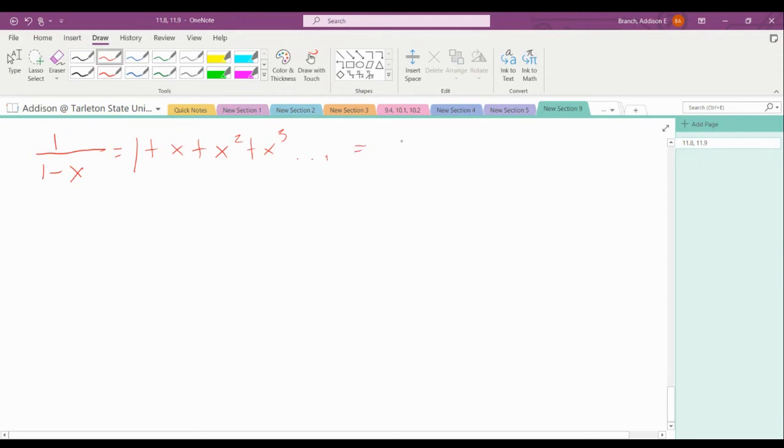And that is equal to our summation as n goes to 0 of x to the n. And of course, the absolute value of x has to be less than 1 for it to converge.